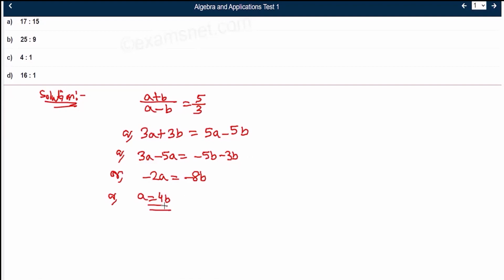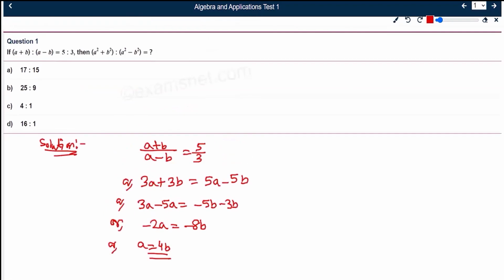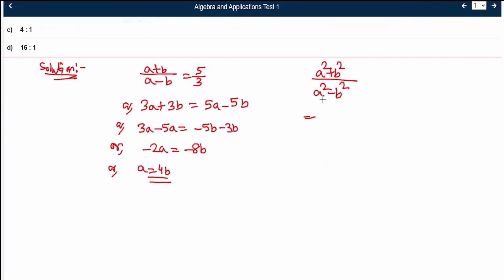And we are going to use this result in the given expression to find the desired value, that is a square plus b square by a square minus b square. Here let's put the value of a in terms of b. 4b whole square plus b square, 4b whole square minus b square.